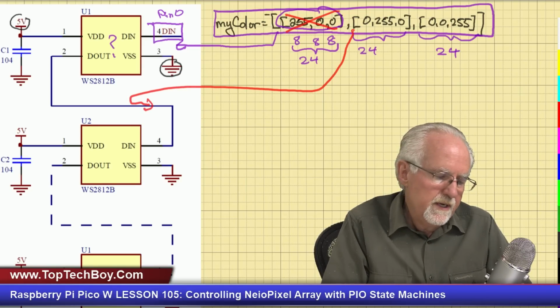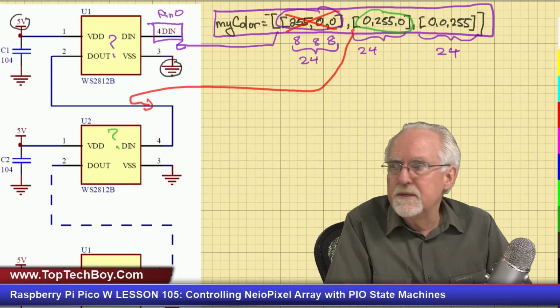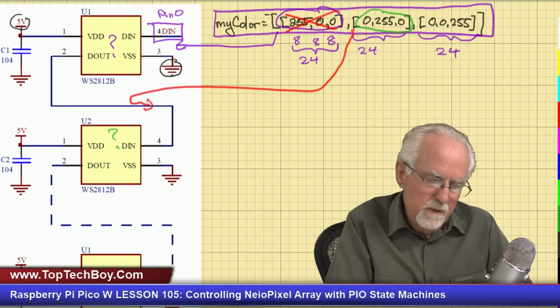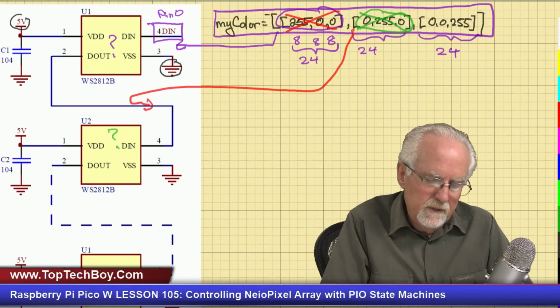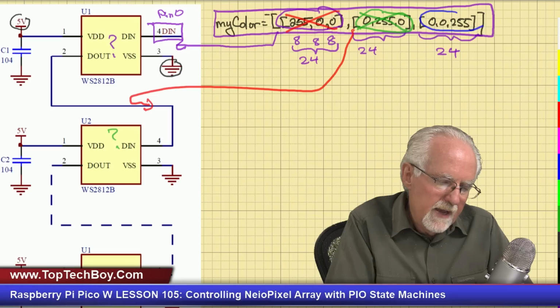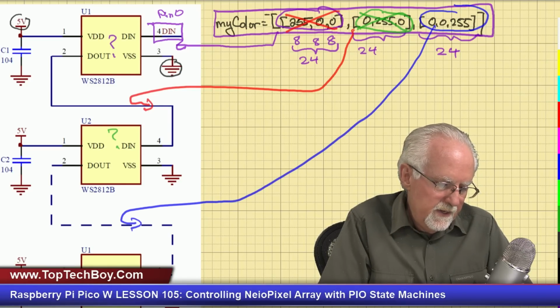Well, what does the next pixel do? The next pixel keeps the 0, 255, 0. Okay, it keeps that and it marks it off the list. And then what does it do with the last one? The last one, it passes down here.